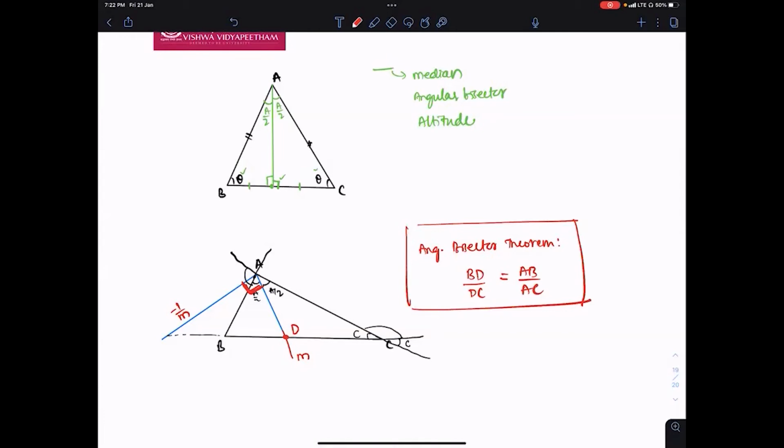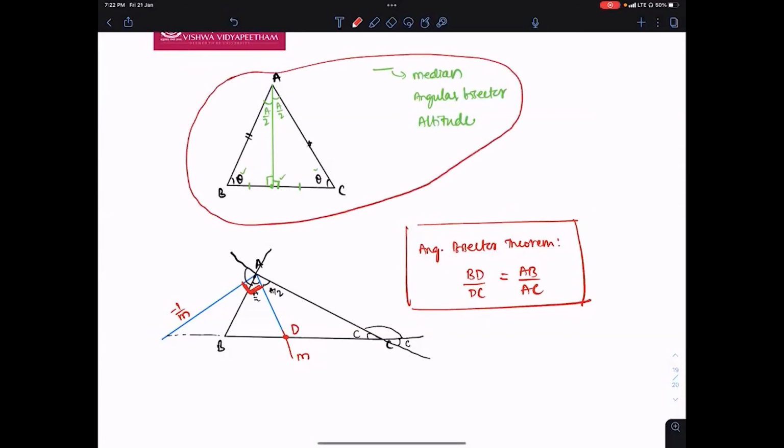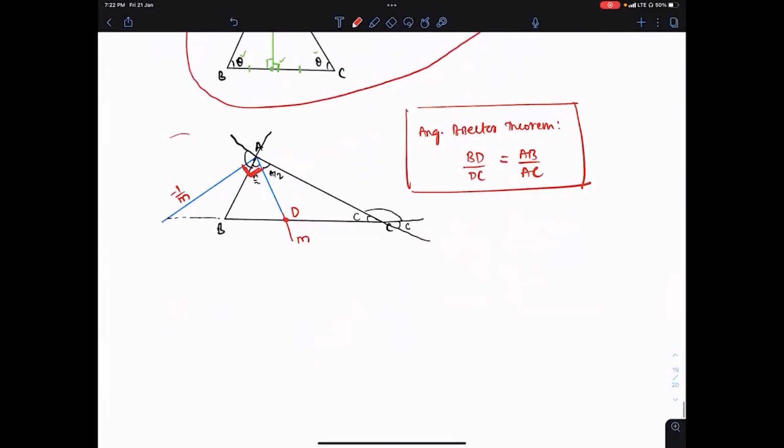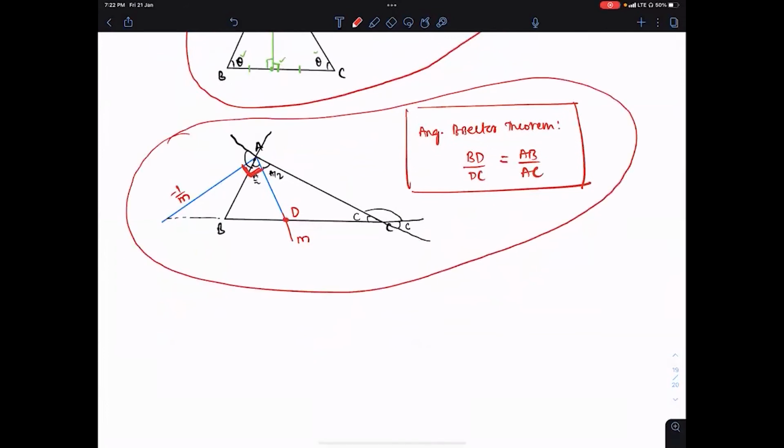Fine. So two points: one is what is happening in an isosceles triangle when you draw, and the other one is in general for the angular bisector. This is the rule.